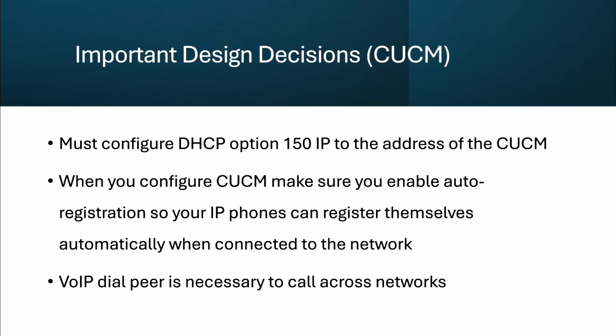If you set it to any other IP address, it will not work. Your phones will not register. Next, when you configure the CUCM, you need to make sure you set up auto registration so your phones are able to register themselves automatically and get a number. If you don't have auto registration set up, your phones will never register. They will just spin forever.